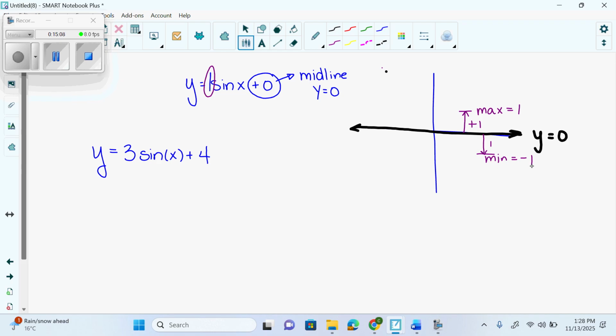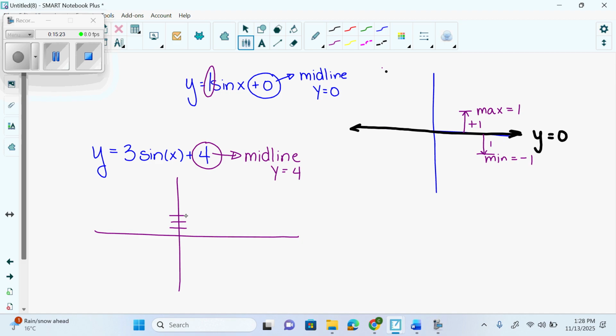So what's the midline of this one? This is my midline. So I would have myself my graph. And right here, I have the line y equals 4, which is my midline.